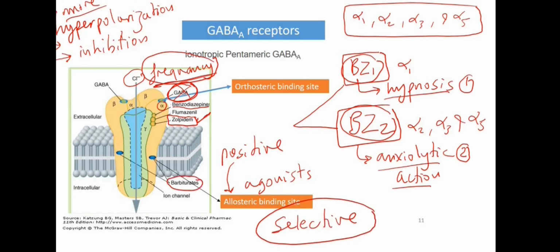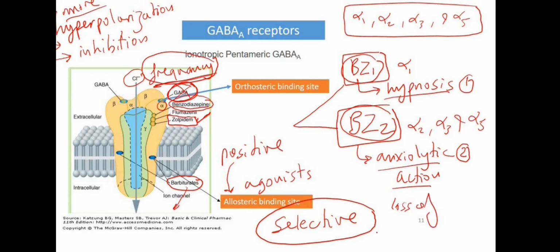As we said before, when we talked about barbiturates, barbiturates on their own can cause opening of the chloride channel. That's why they can produce loss of consciousness in high doses. Benzodiazepines are the opposite. They can never produce it on their own. If they are not taken with other drugs, they can never produce loss of consciousness.